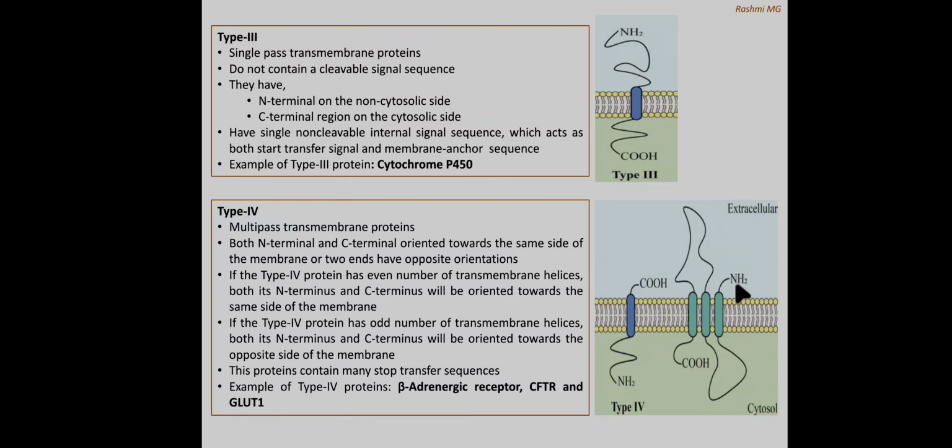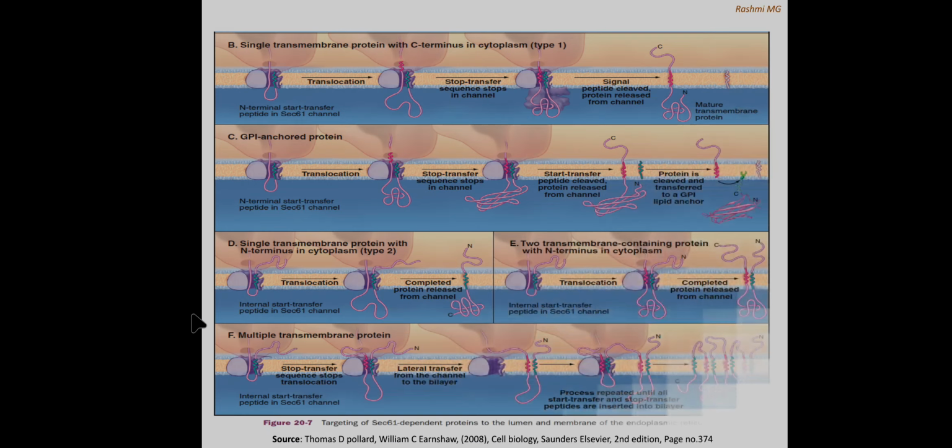Therefore, the NH2 part, the N-terminus, is towards the outside and COOH is opposite to it. If there is another helix present here, then COOH and NH2 are on the same side. This protein contains many stop transfer sequences. Examples of type 4 protein are beta adrenergic receptor, CFTR and GLUT1.